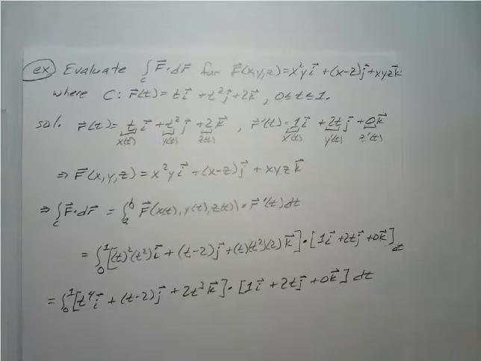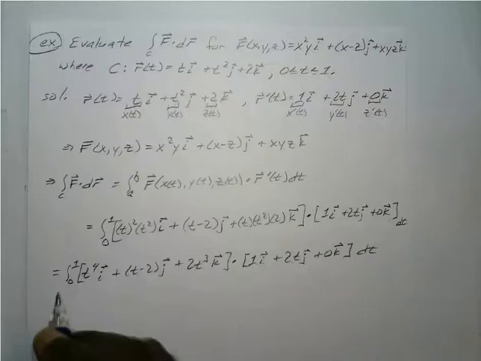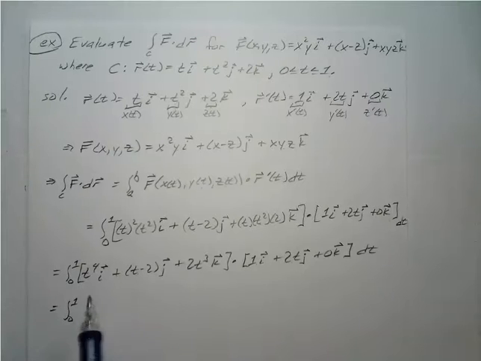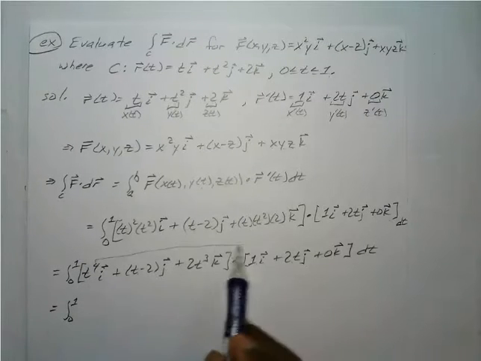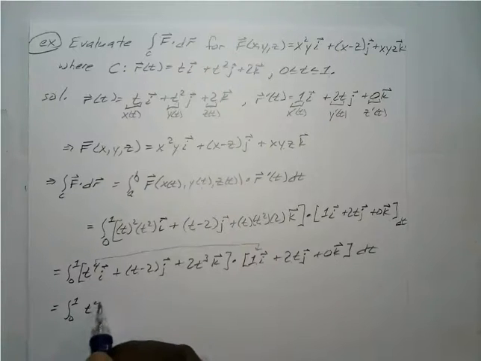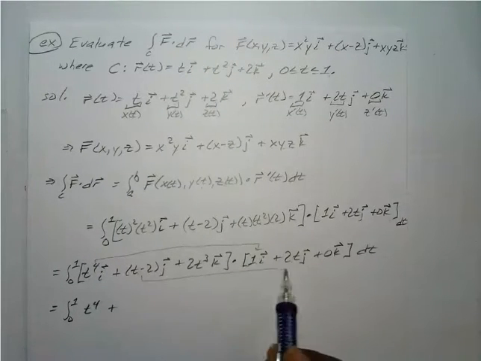Okay, now remember, with your dot product, you multiply the first terms, plus the second terms when you multiply them, plus the third terms when you multiply them. So that's the integral from 0 to 1. You have t to the 4th times 1, which is t to the 4th, plus t minus 2 times 2t.